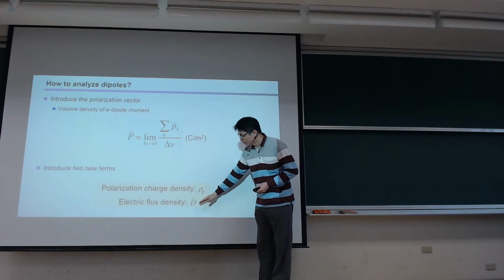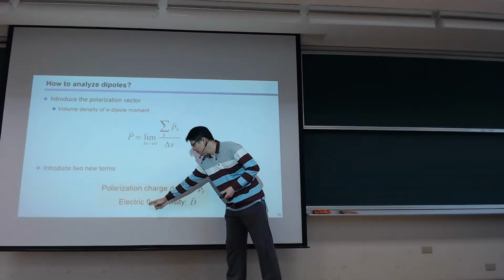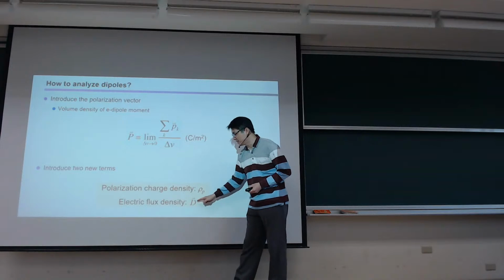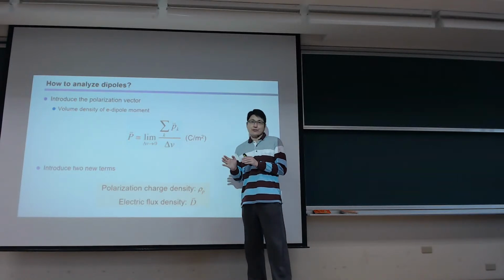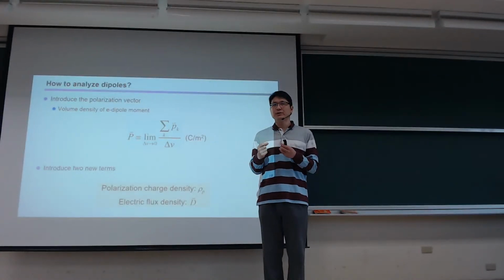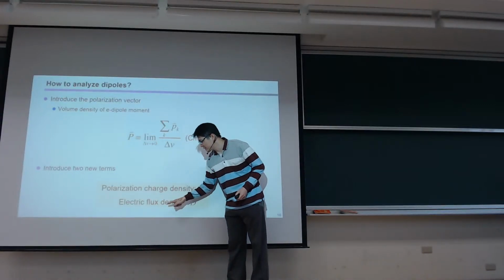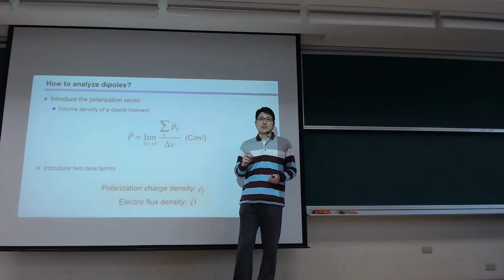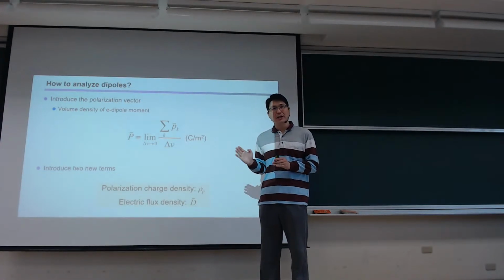And then we're going to introduce a new vector field quantity. It's called the electric flux density, capitalized D vector. It is different from E. E is called the electric field intensity, and D is called the flux density.